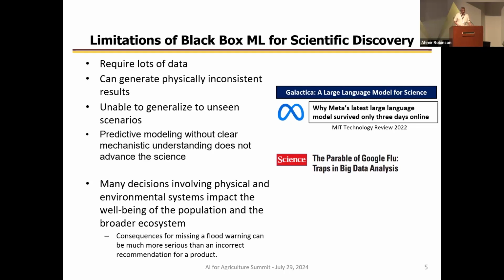Because of all of these reasons, and because you're dealing with problems that are really critical, there is a concern in using a lot of these methodologies. One of the reasons for lack of adoption of machine learning is not having enough trust that these methods can generalize.